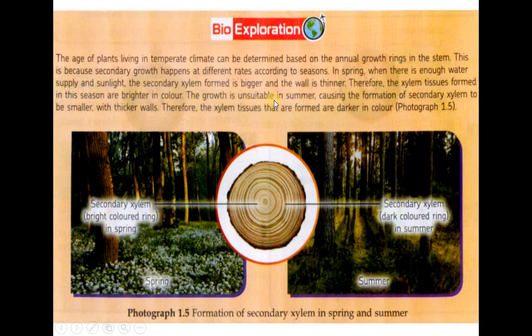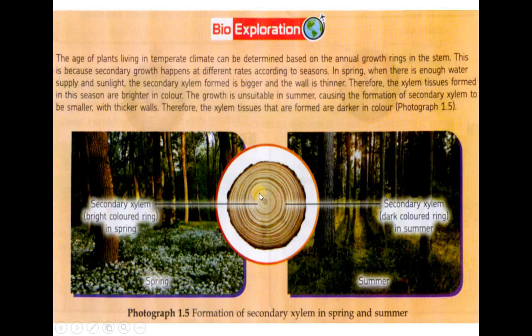The growth is unsuitable in summer, causing the formation of the secondary xylem to be smaller with thicker walls. Therefore, the xylem tissues formed are darker in color. So we can determine the age of the plant based on the annual growth rings in the stem.